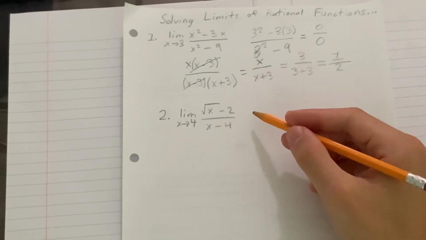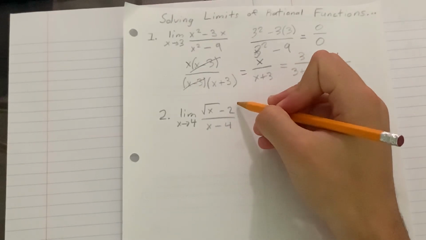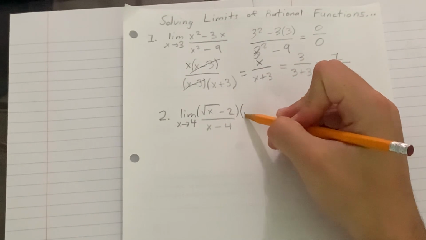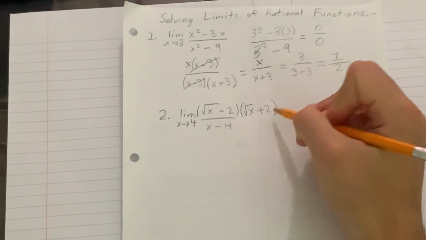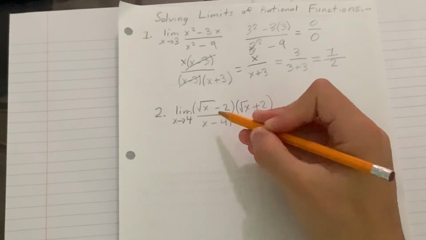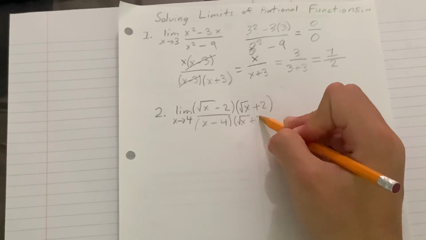So now this is the other one that has radical symbol. So now for this one, we want to get rid of the radical. So what we have to do is multiply by the conjugate, plus 2, square root of x plus 2, and then we have to do it on the bottom too, like that.